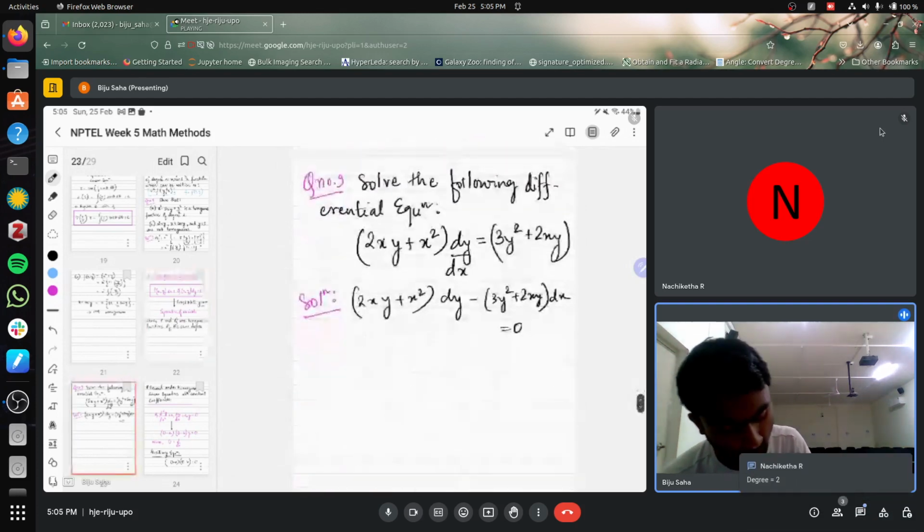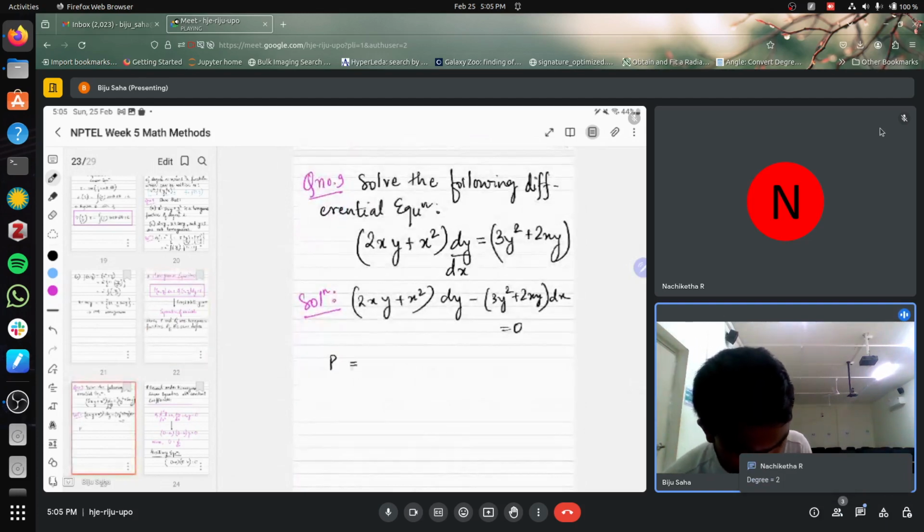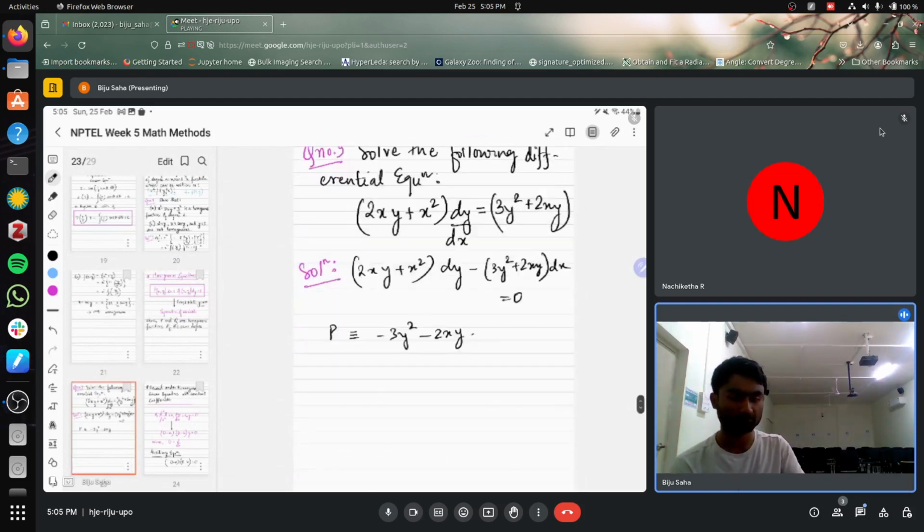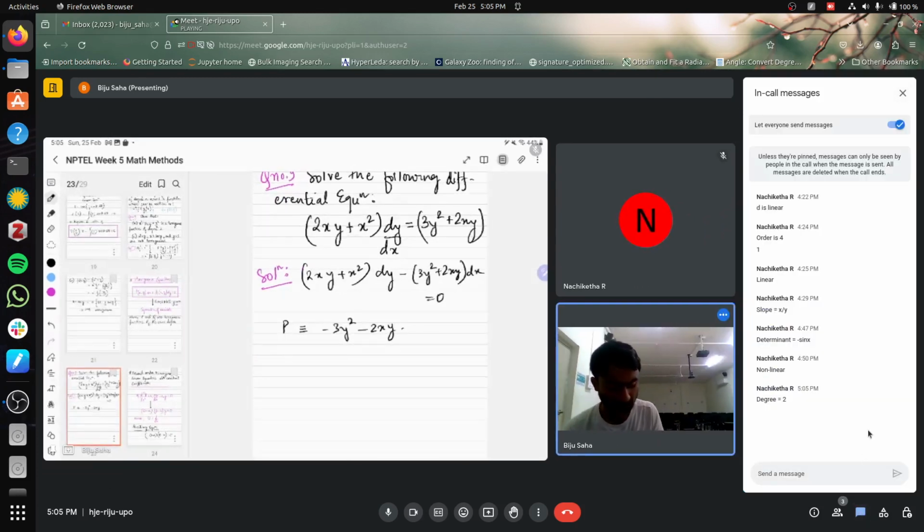So p is the coefficient of dx. In this case my p is minus of 3y square minus 2xy. So that is my p. And similarly, here also you can write it in the form x square f of x by y.